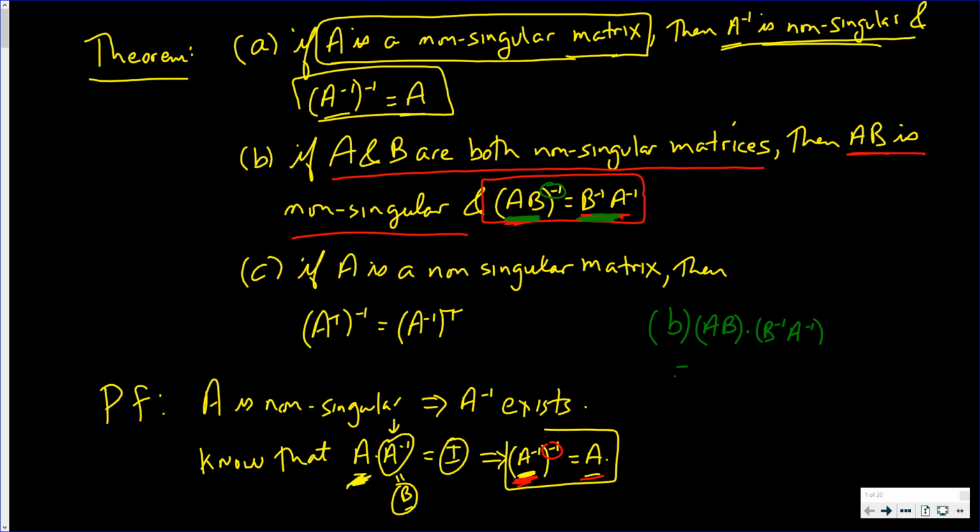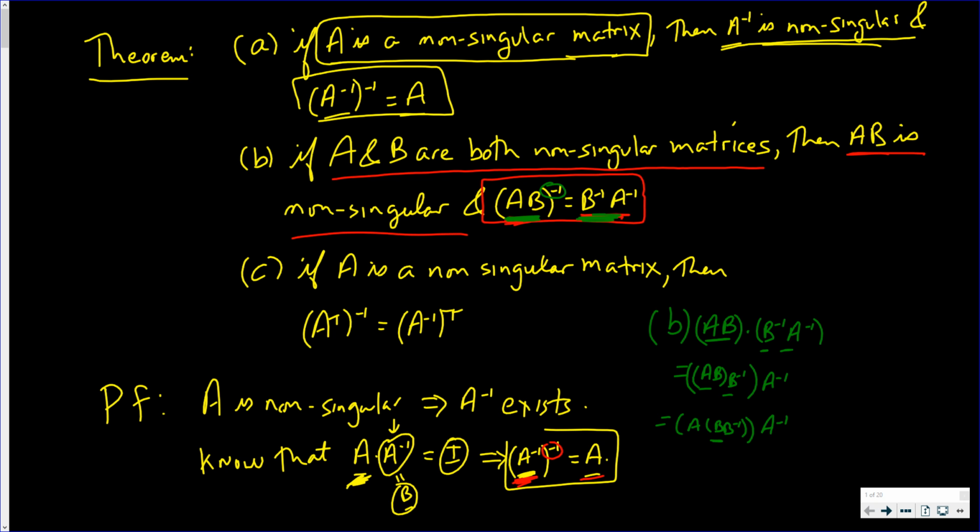We're going to invoke the associative law a lot. This is AB times B inverse times A inverse. I'm thinking of this as one matrix times two matrices, so I can move the brackets. Now I'm going to think of AB as two matrices times B inverse, and once again, I'm going to move the brackets.